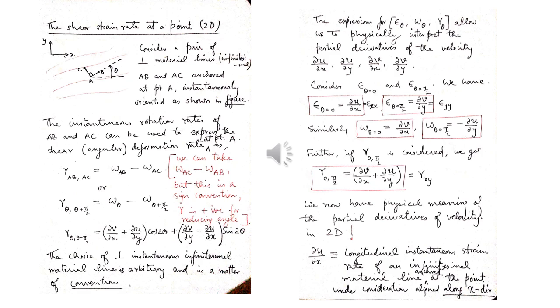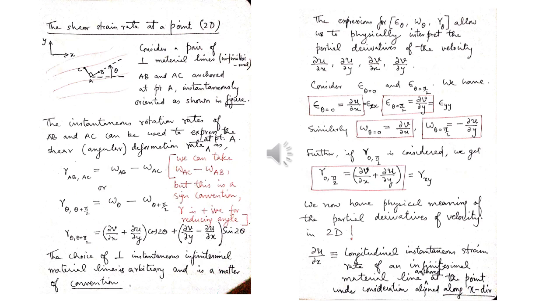Now the instantaneous rotation rate of the two infinitesimal material lines AB and AC, you can use it to determine the shear angular deformation rate at point A.